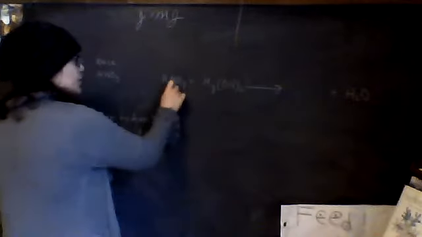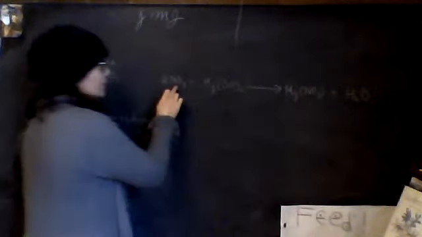HNO3 plus Mg(OH)2 yields water and our salt, which will be Mg(NO3)2. And the NO3 will need to have 2 of them for every magnesium because they only have a single negative charge. That's, of course, nitrate, the polyatomic ion.